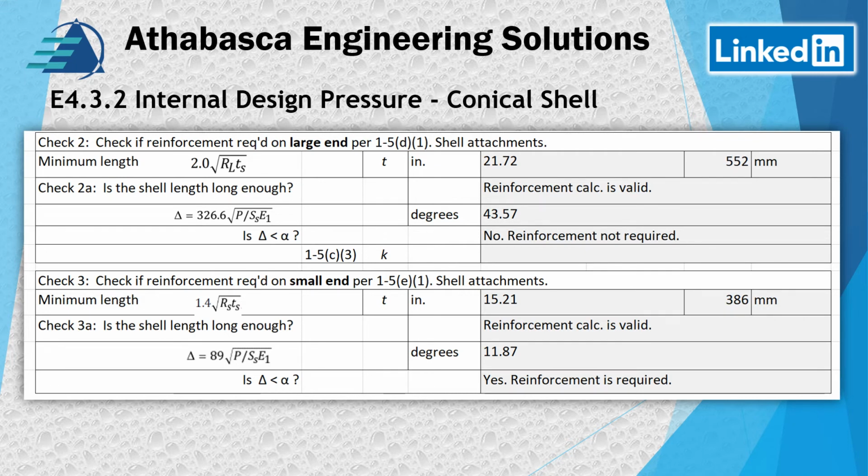And of course, the answer in this case is yes, so reinforcement is required. And perhaps due to lack of time, we can go through that in another episode, talking about how to do the reinforcement calculation. Basically, the approach is to either increase the thickness so that you get enough reinforcing area, or secondly, to install a stiffening ring.